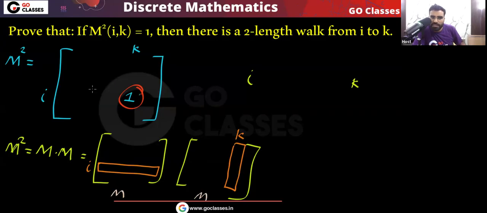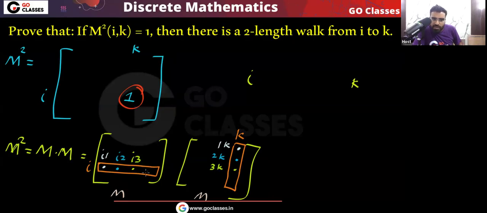This entry is already 1. What it simply means, remember, is that I1 will multiply with 1k. Also notice, this is I2 and this is 2k, so I2 will multiply with 2k. For example, this is I3 and this is 3k, and so on.